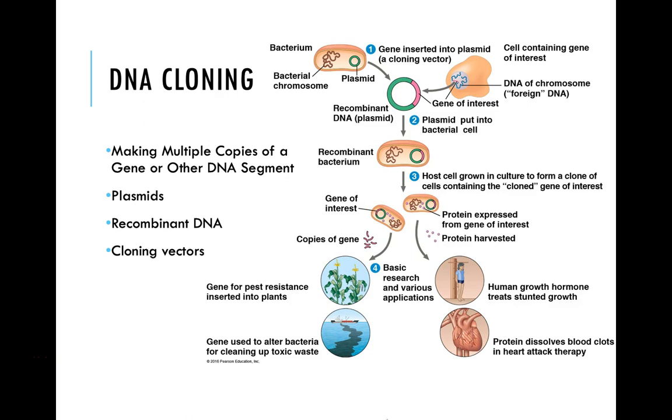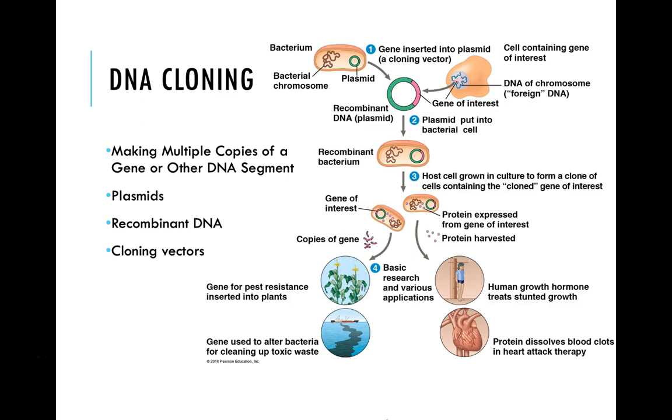So let's look at what's going on here. We have a bacterium at the top. Let's call this E. coli. We remove the plasmid. We cut it with our restriction enzyme. We put in our piece of DNA that we're interested in. We mix it together. We let them come together in a test tube.